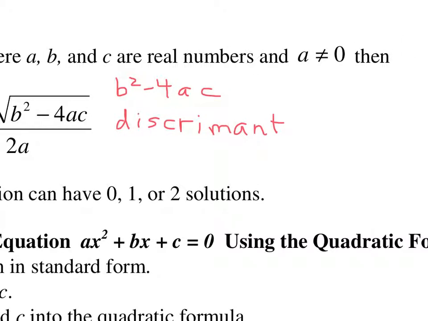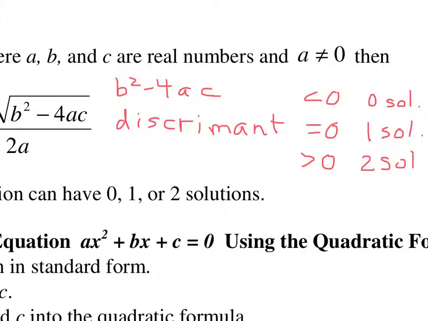If the discriminant is less than 0, you have 0 real solutions because you're trying to take the square root of a negative number. If the discriminant equals 0, then you have 1 real solution. If the discriminant is greater than 0, you will have 2 real solutions.